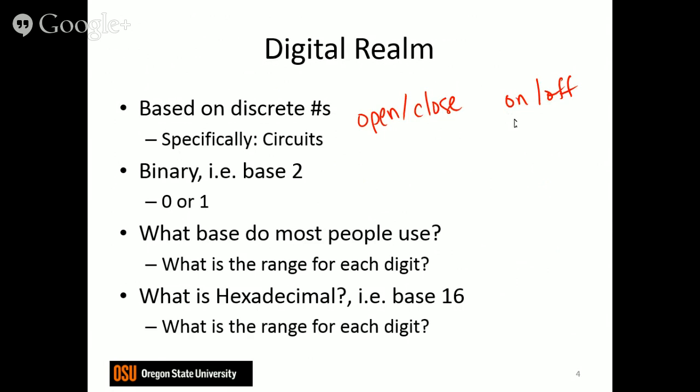This can be 0s and 1s, which we call binary, base 2. That means when you talk about some kind of base number, you get that many numbers, 2 numbers in each placeholder.